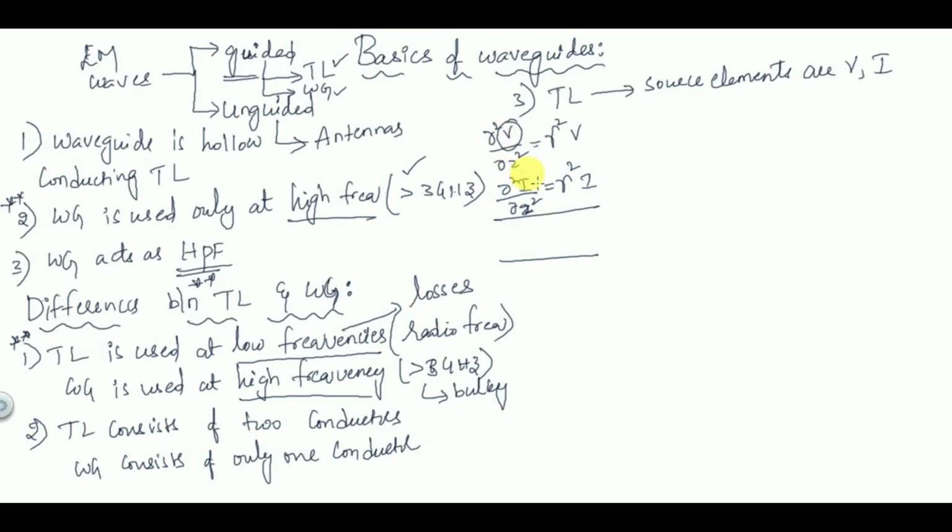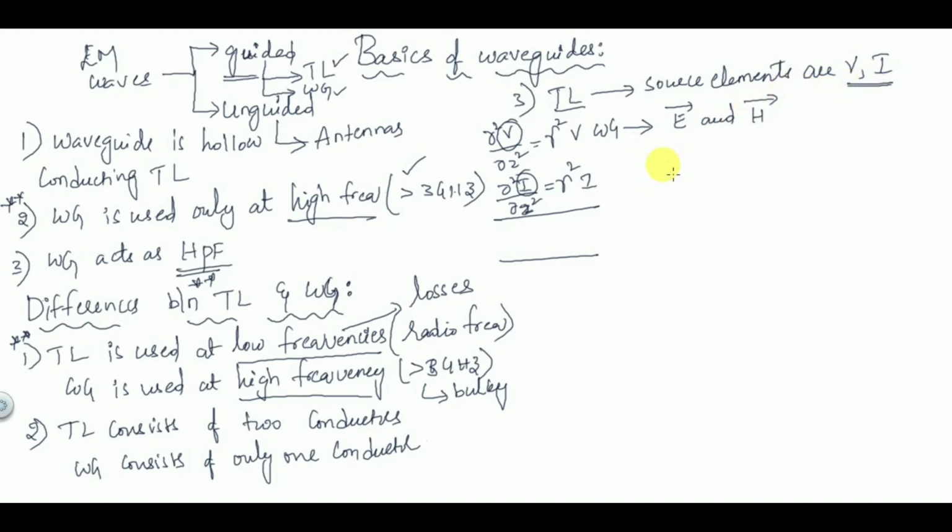So here voltages and currents are the basic or source elements. But in a waveguide, the basic elements are the electric field and magnetic field. That is why we get the concept of characteristic impedance in the case of a transmission line, because we are dealing with voltages and currents.